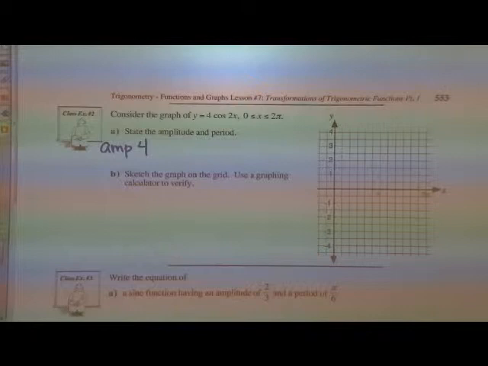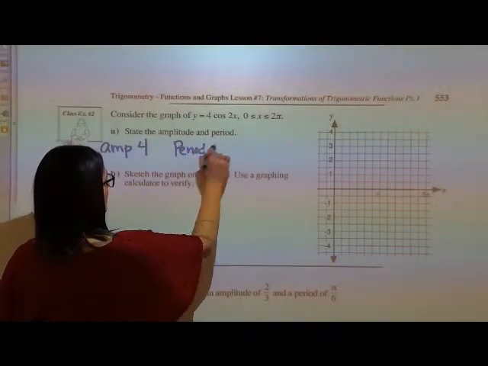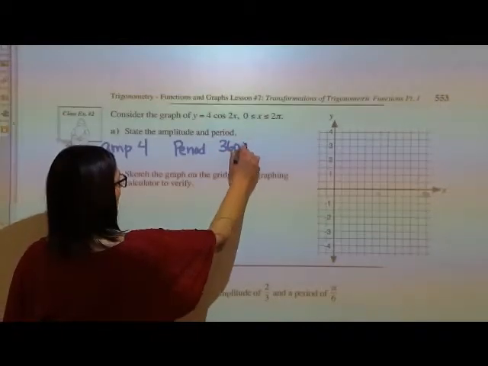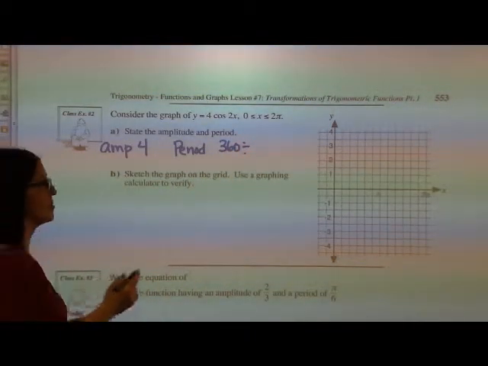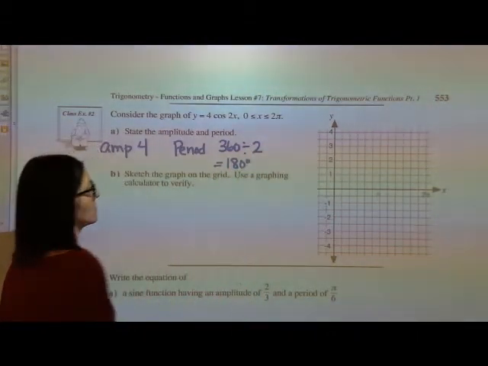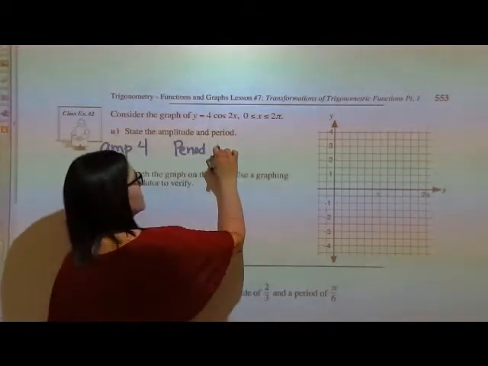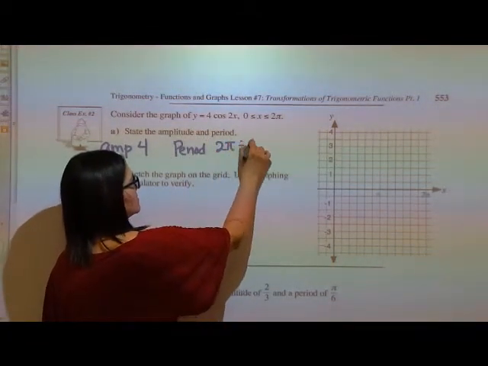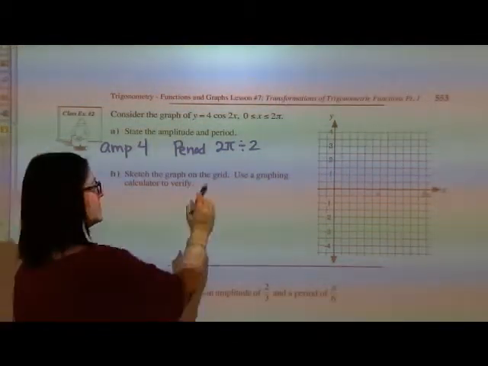And what is the period? 360 degrees divided by, what's the b value? 2. So 360 divided by 2. Oh, sorry, radian measure. Let's do that again. So 2 pi divided by 2, which would be pi.